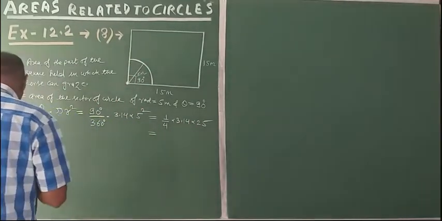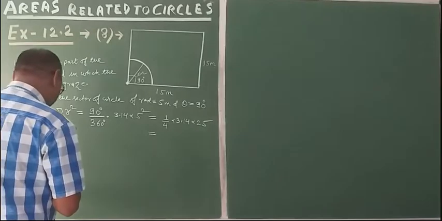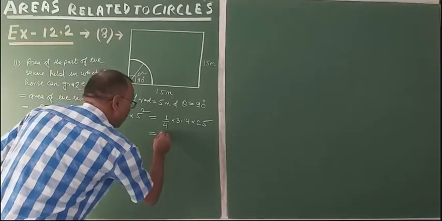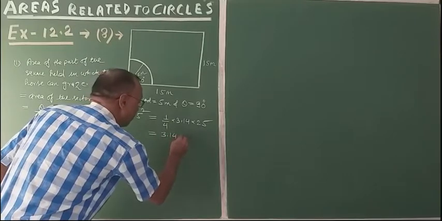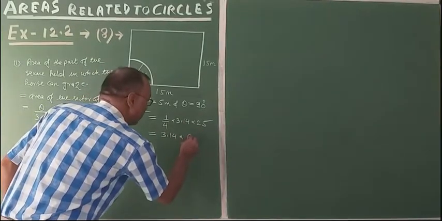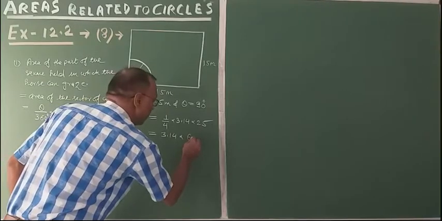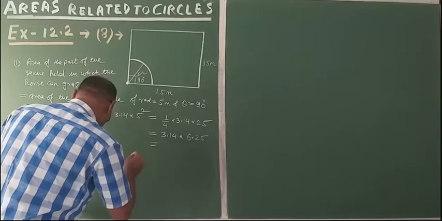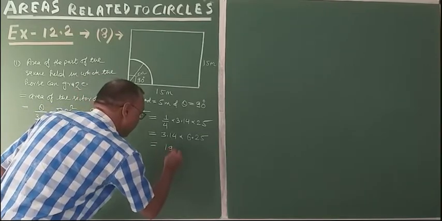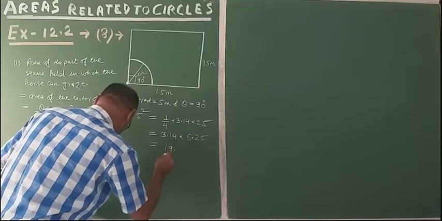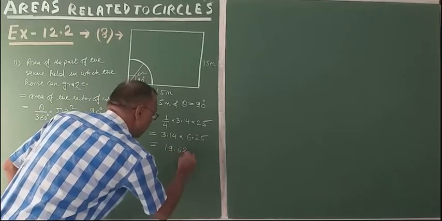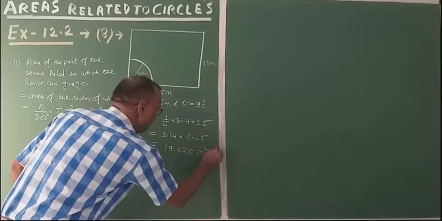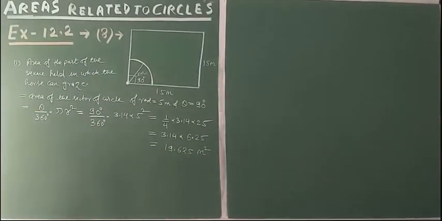So when you will solve this, you will get 3.14 and divide this, 4 6 ja 24. When you will multiply this, you will get 19.625 and this is meter square. So this is the area which can be grazed by the horse when the rope is 5 meter long.